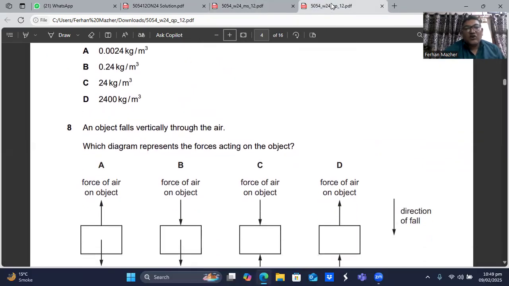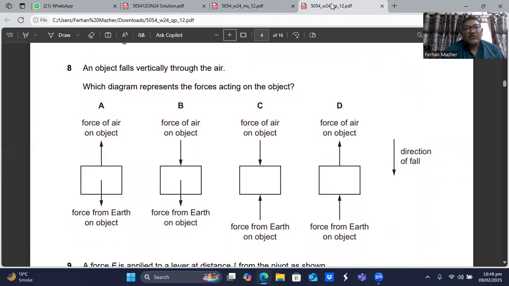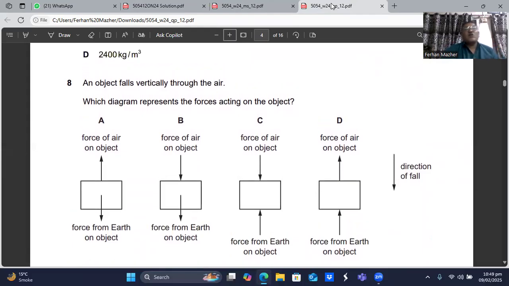Okay, so let's go to the next question. The next question is question number 8. An object falls vertically through the air. Which diagram represents the forces acting on the object? So when you are falling down, the weight will be acting downward. And because you are falling downward, there will be air resistance which will be opposing your motion.